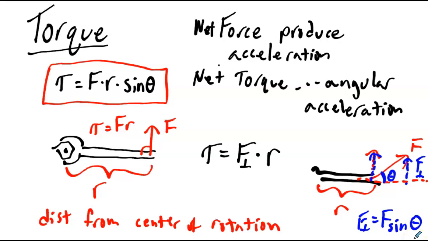But you can also use cosine of the other angle. Yes, but for this equation, it makes more sense to use the sine, because this theta really is the angle between F and R. You could use cosine, but it makes sense to use the angle that's related to the other two quantities in the equation.